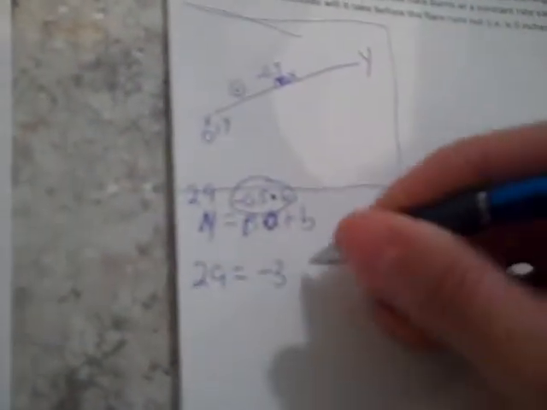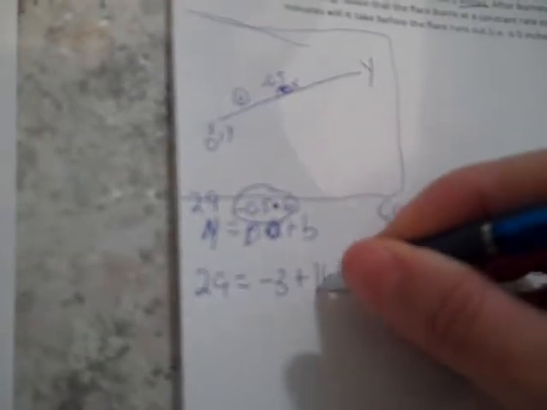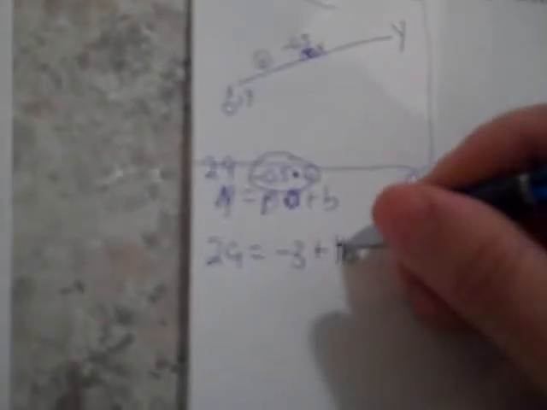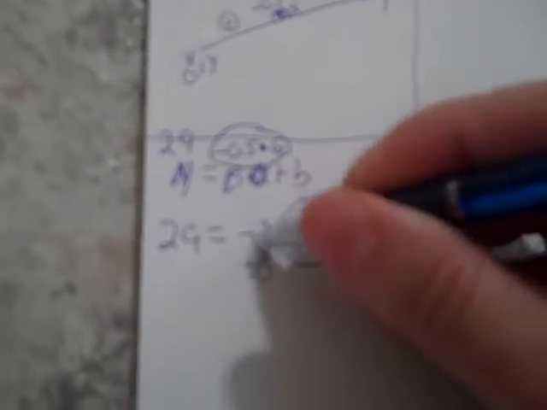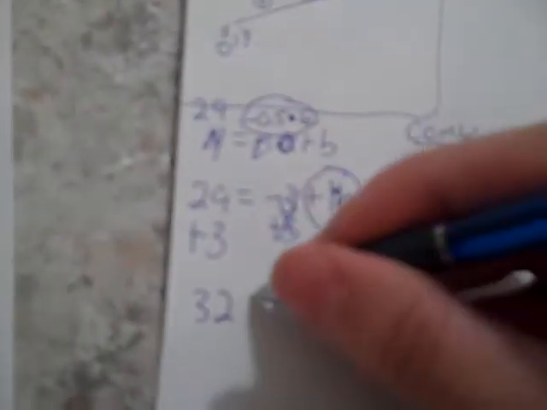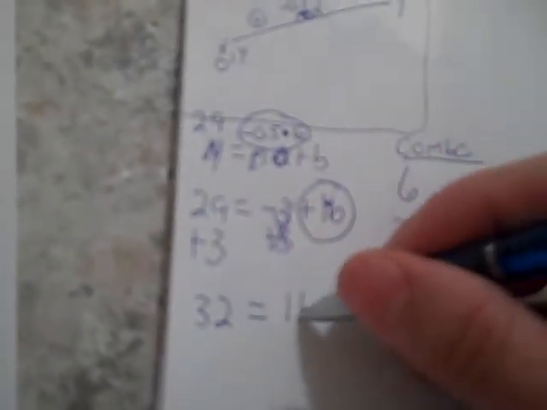Negative 0.5 times 6 is negative 3 last time I checked. Plus B. Put a 1 in front of that. Okay, so circle that. That's negative 3, so we have to undo that by adding. So plus 3, and 29 plus 3 is 32. And then 1b. So 32 is my beginning.